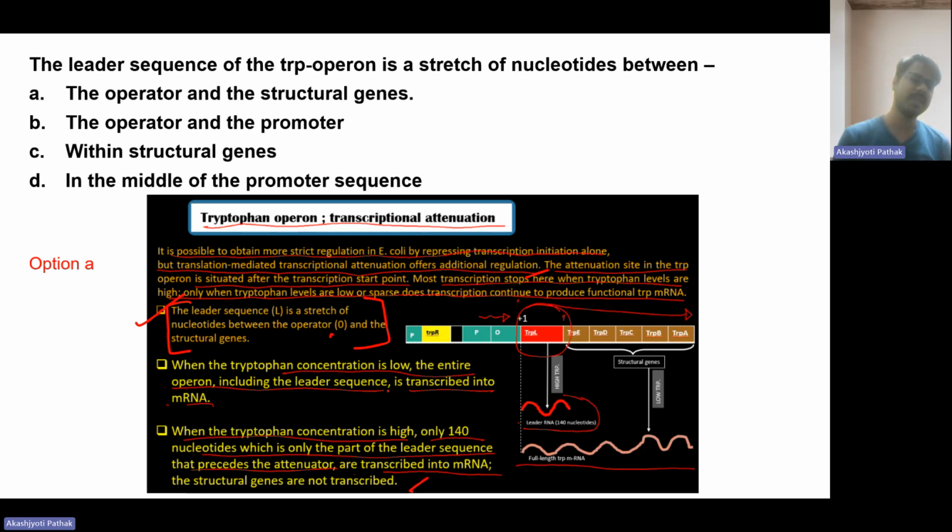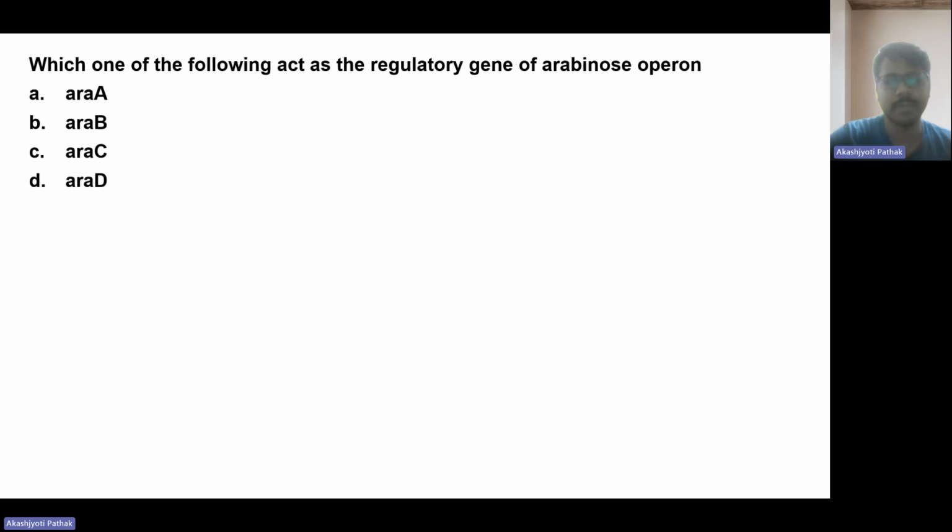So when the tryptophan concentration is high, the structural genes will not be transcribed, but this TRP leader, those 140 nucleotides, will be. Only that portion is transcribed, and that portion is enough to inhibit the transcription of further mRNA.